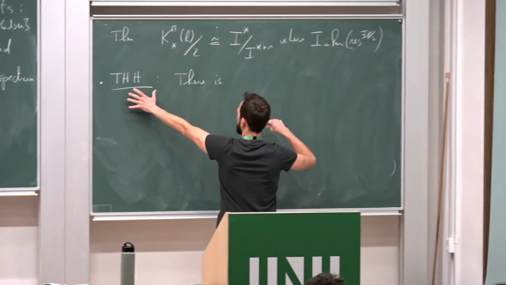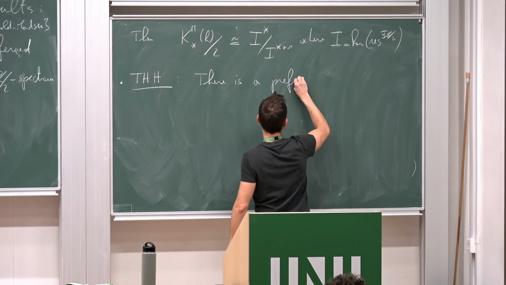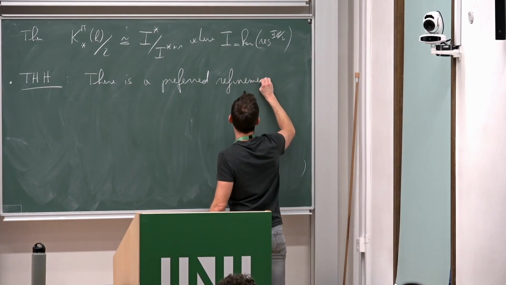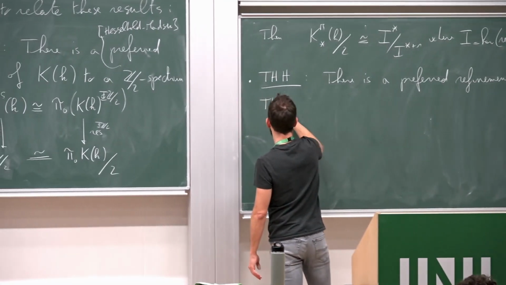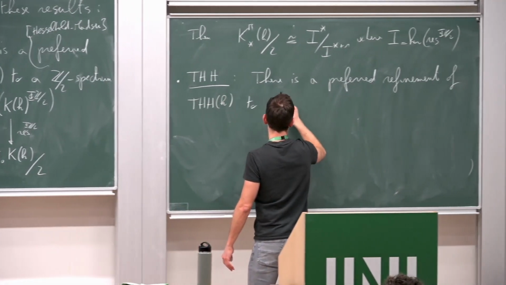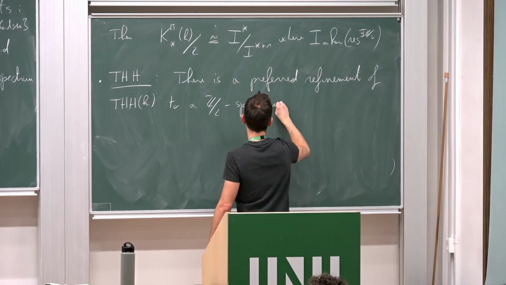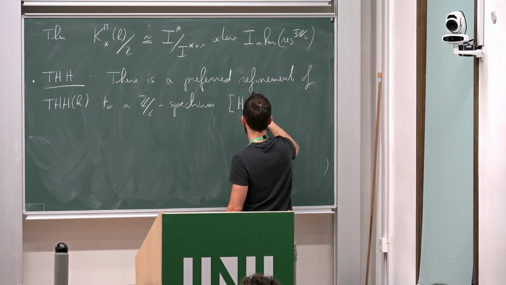You can do the same with THH. So there is a preferred refinement of THH as a Z/2 spectrum, and this is again due to Hesselholt and Madsen.